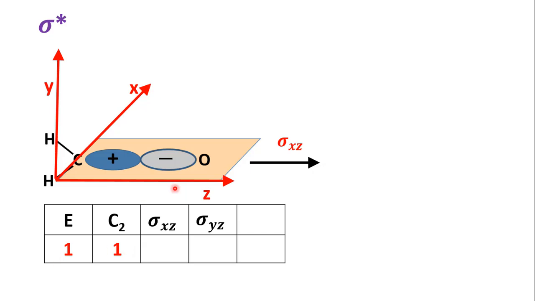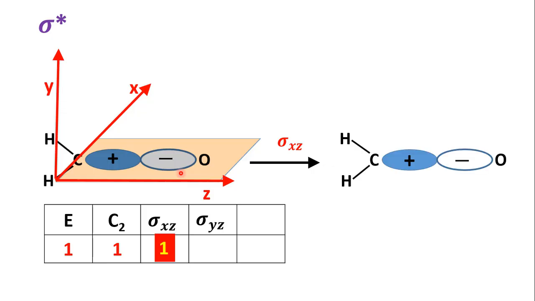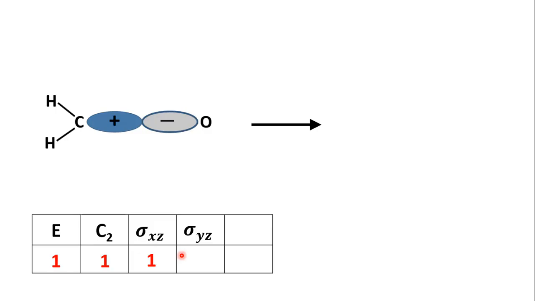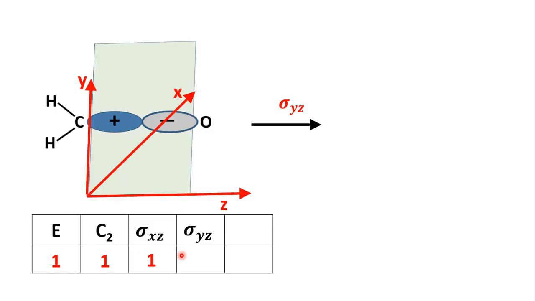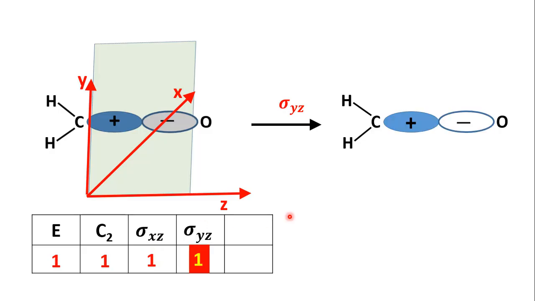This molecular plane contains the plus and minus lobes of the sigma star molecular orbital, and so upon reflection the signs are not changed and you get 1.